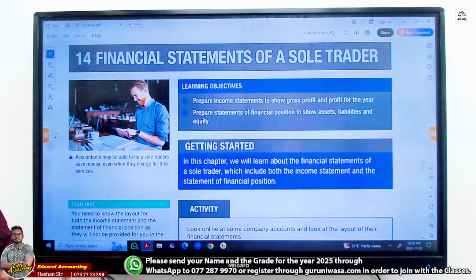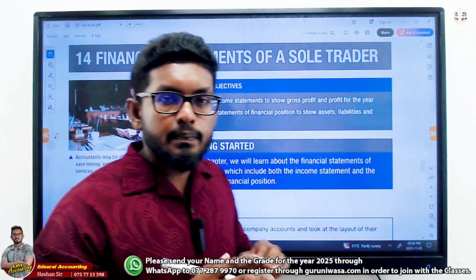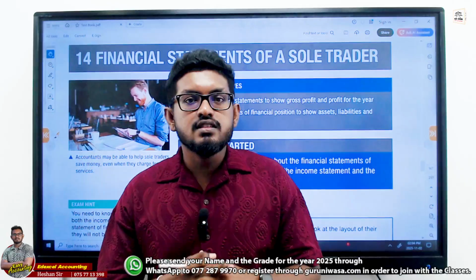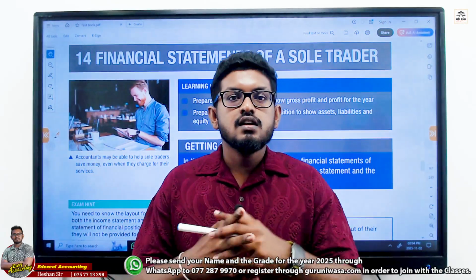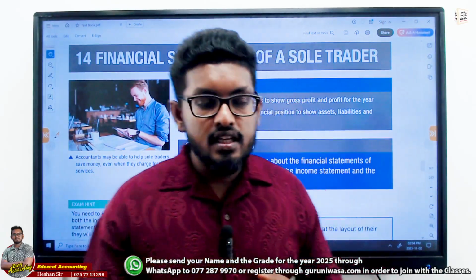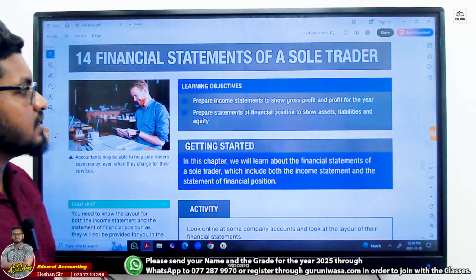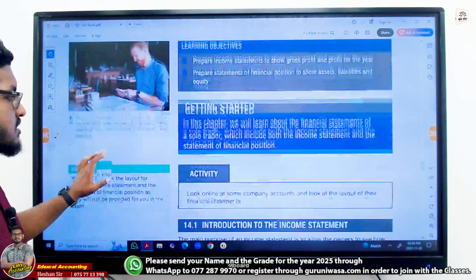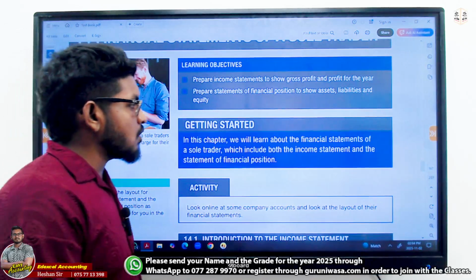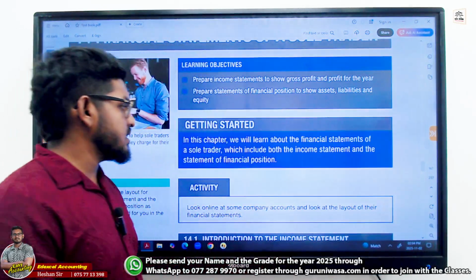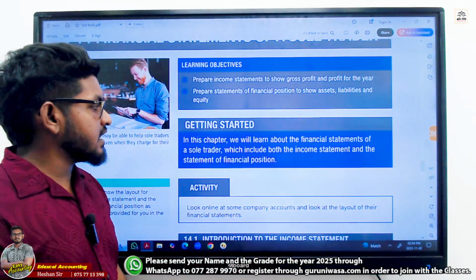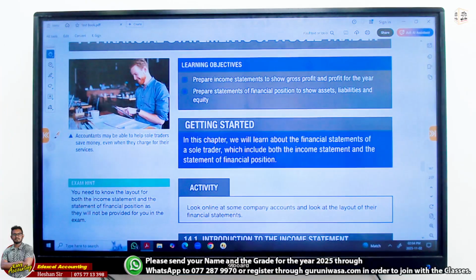Now, normally businesses prepare two kinds of financial statements. This is for sole trader businesses: the profit or loss statement, which means the income statement, and the statement of financial position. In this chapter, we will learn about the financial statements of a sole trader, which include both the income statement and the statement of financial position.